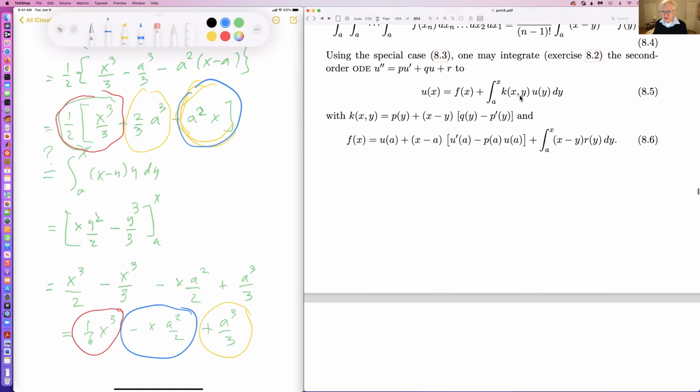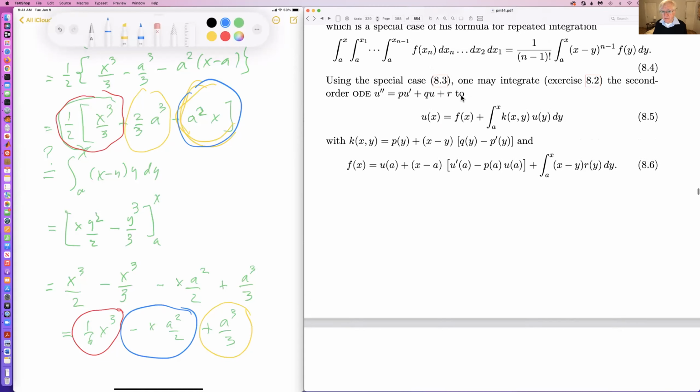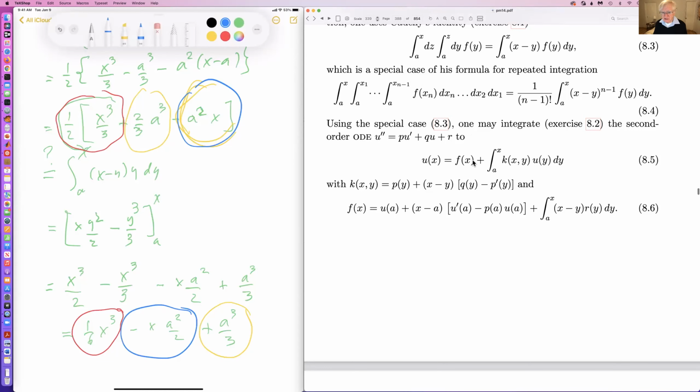And this k, which is called a kernel, is the known function p of y. These are known functions. That's a known function. So you know everything. Well, f, what is f? So we started with this. What is f?